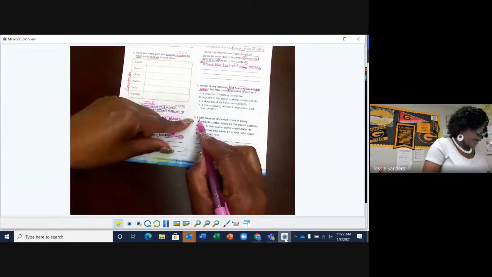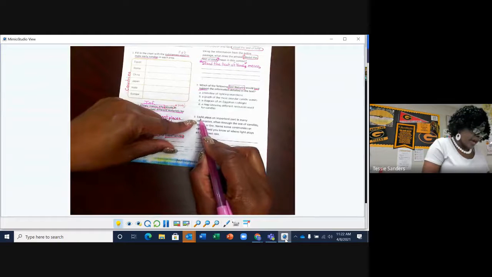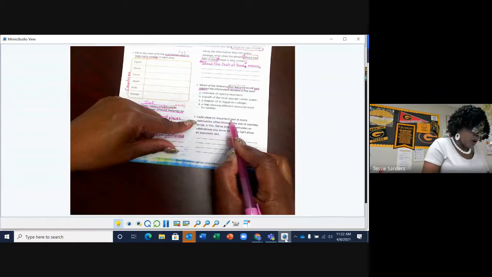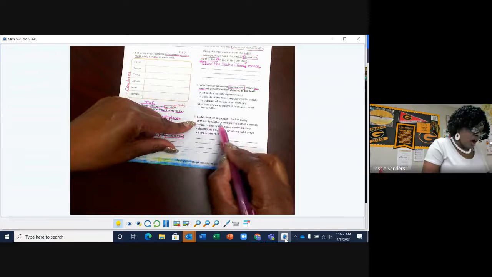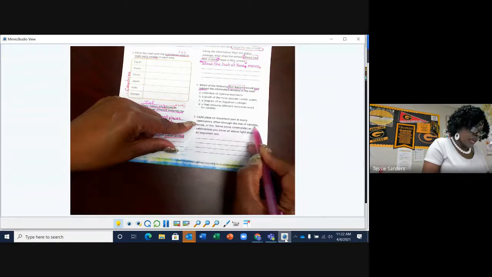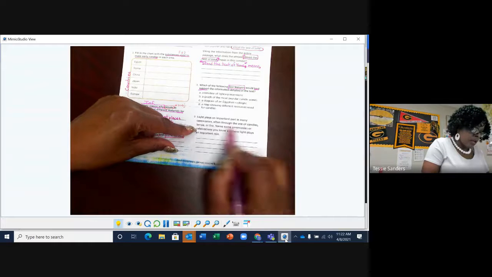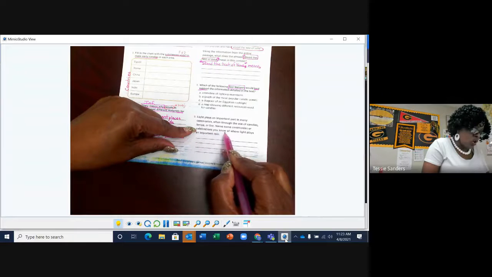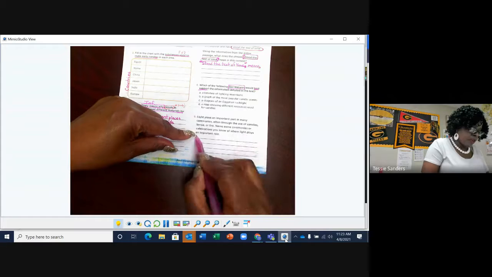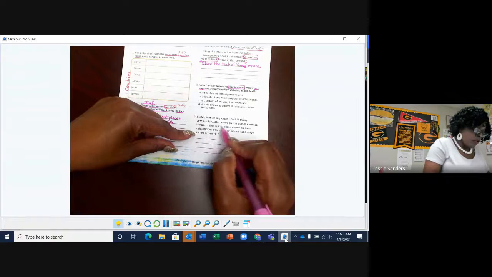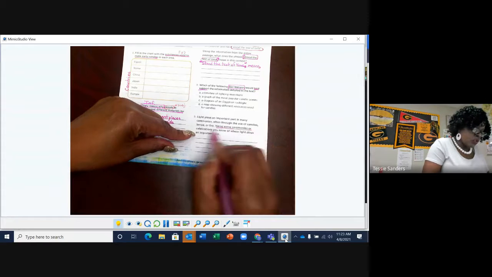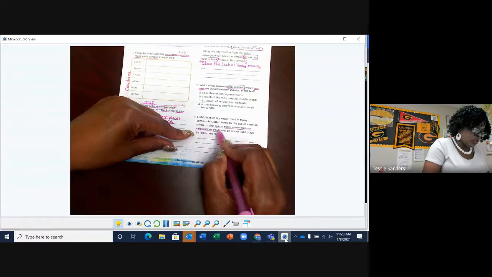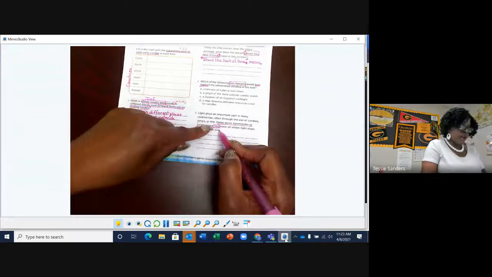All right, look at number 9, last one. Read. Light plays an important part in many ceremonies, often through the use of candles, lamps, or fire. Name some ceremonies or celebrations you know of where light plays an important role. So name some ceremonies or celebrations you, circle who has to do the job.